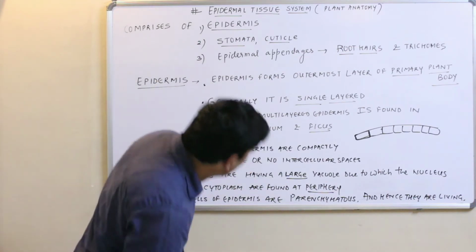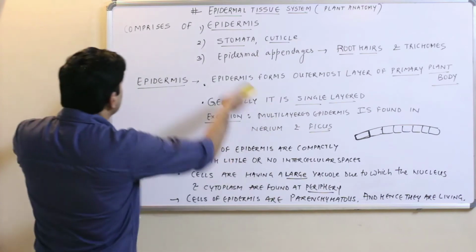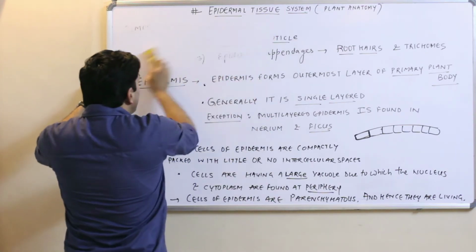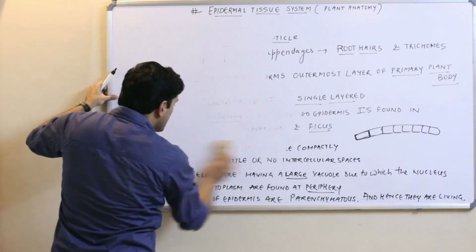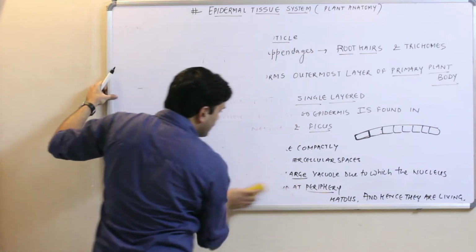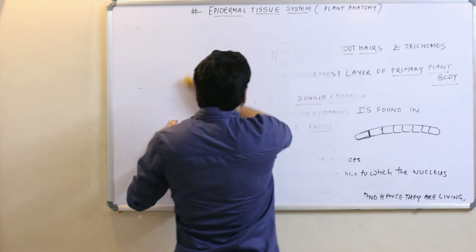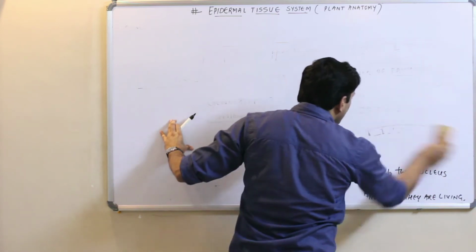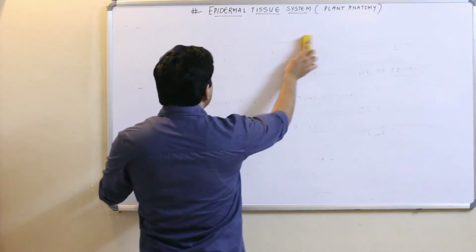Alright. Now, one more thing you must know: the epidermis has certain structures associated with it. I will be talking about the bulliform cells here. I think you might have heard about the bulliform cells.